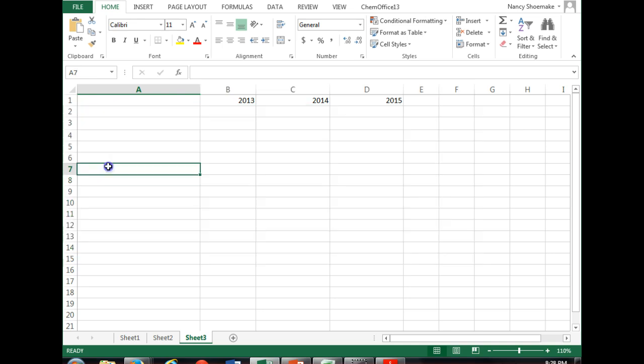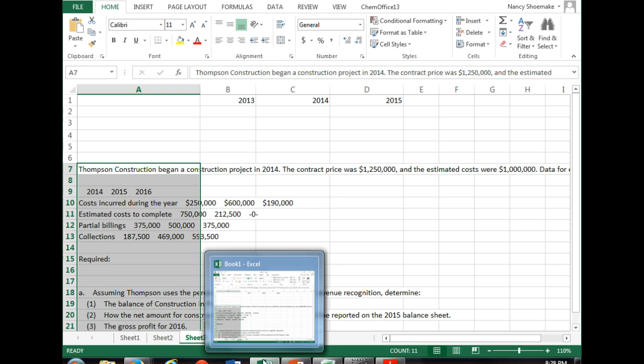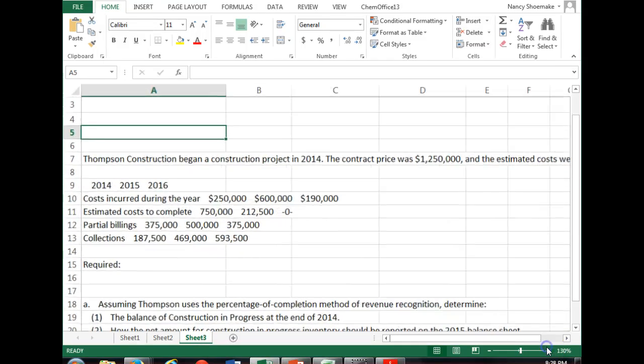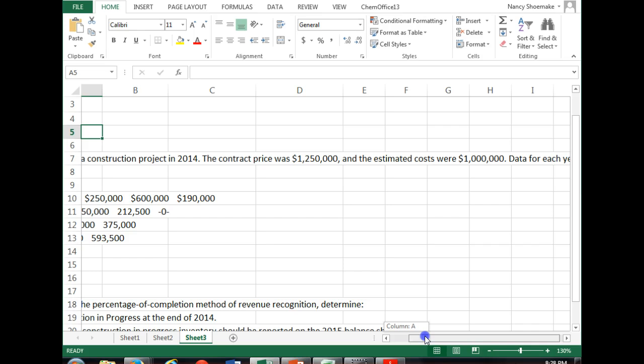So here's the problem. Thompson Company Construction began a construction project in 2014. The contract price was $1,250,000 and the estimated costs were $1 million.